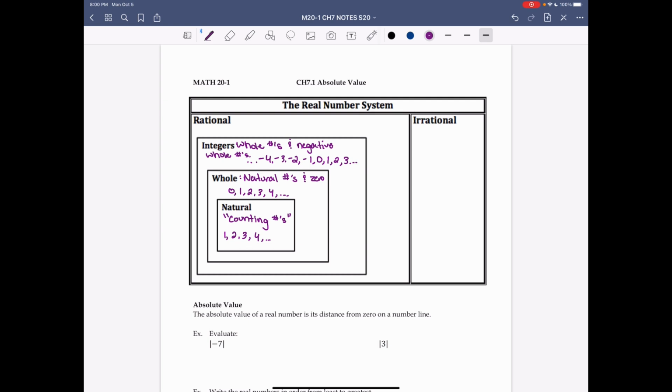Then we have the rational numbers. These are numbers that can be written as fractions, which includes all integers.